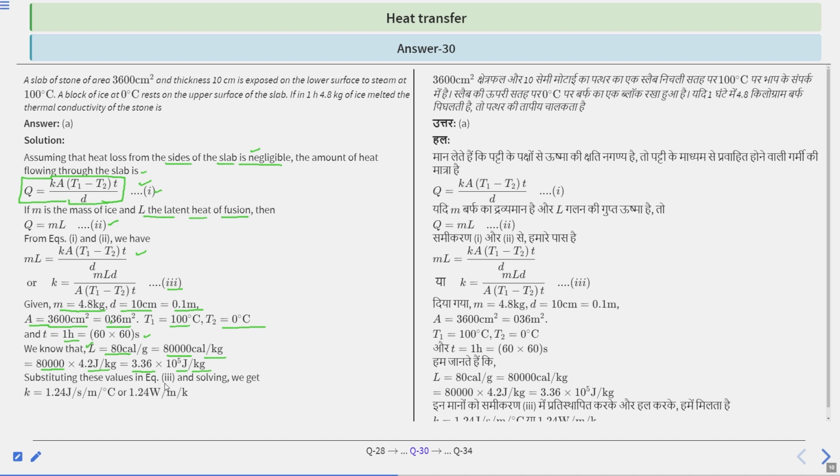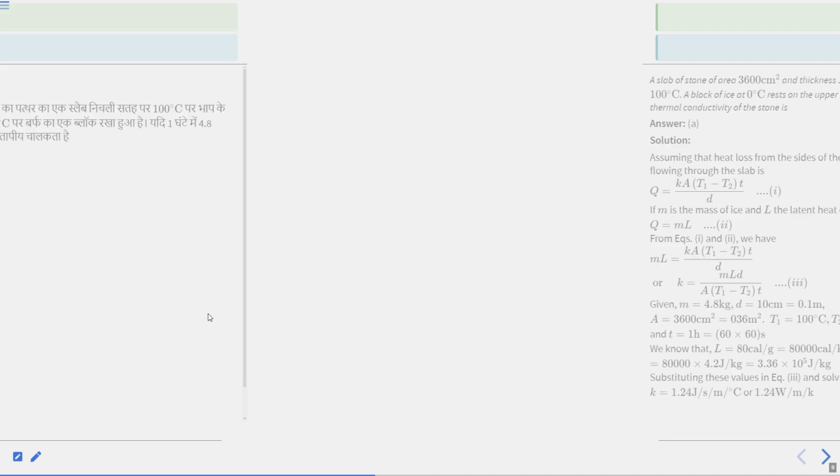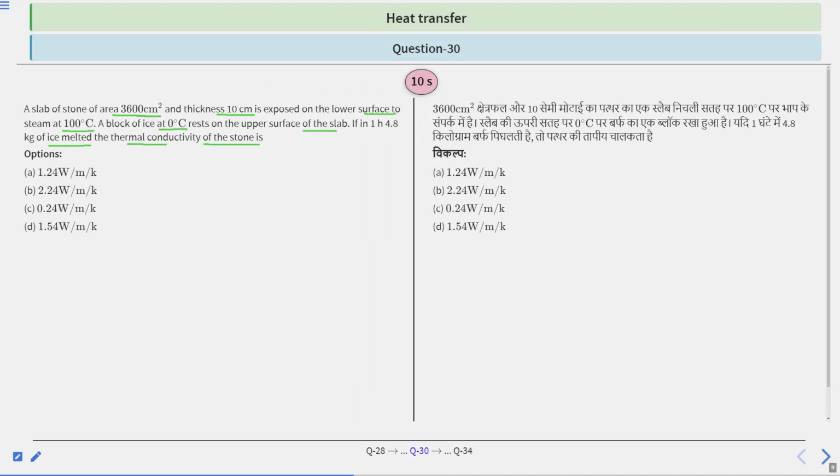Substituting these values in equation third, you will get K equal to 1.24 joule per second per meter per degree Celsius, which is equal to 1.24 watt per meter per Kelvin. Clear? So the correct answer is A.